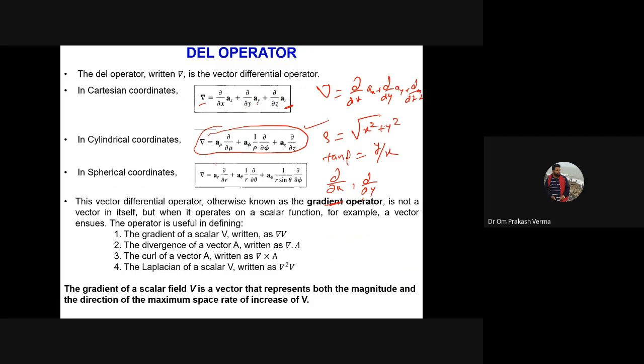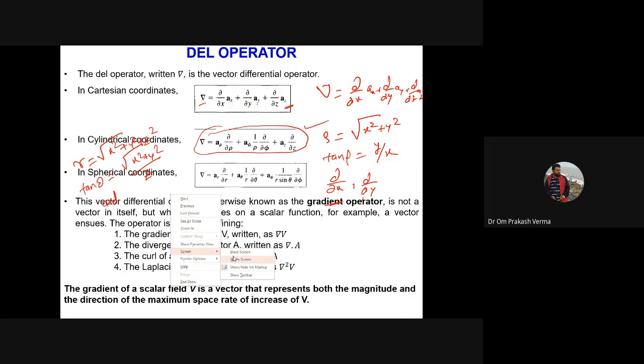In the spherical coordinate system, you know very well r is equal to root of x square plus y square plus z square. Tan theta is equal to root under x square plus y square divided by z. I'm taking a separate sheet so that you can understand.